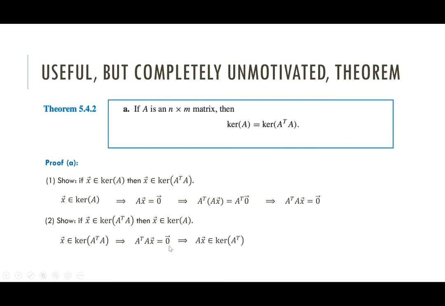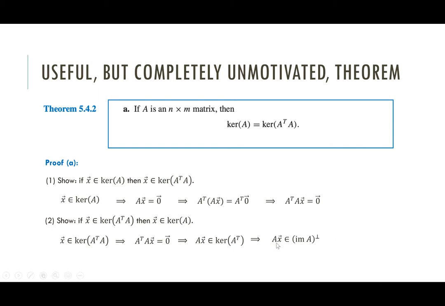And this tells us that A of x is in the kernel of A transpose. But then that tells us, by the theorem we just saw, that A of x is in the orthogonal complement of the image of A. So this is retroactively justifying that first unmotivated theorem.